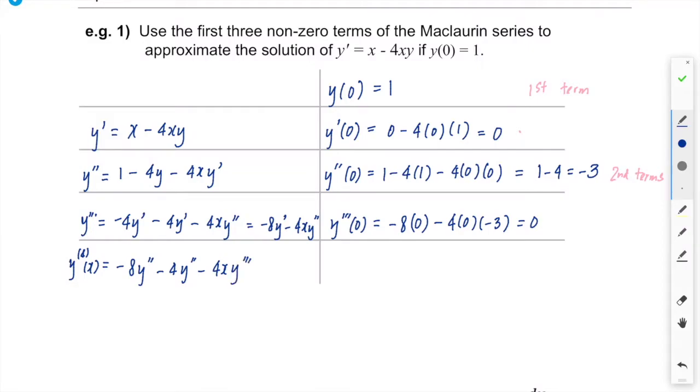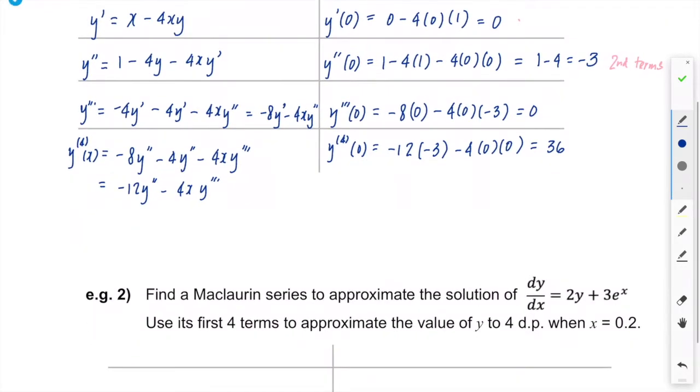And so this is negative 12 y double prime minus 4x y triple prime. And then at 0, this fourth derivative is negative 12 times negative 3 minus 4 times 0 times 0. This is 36.